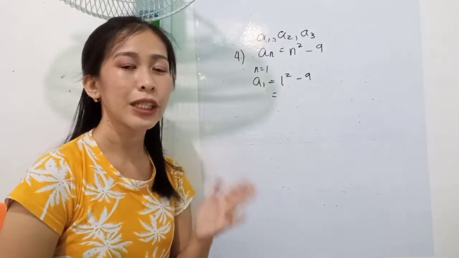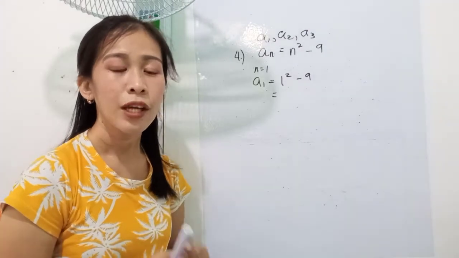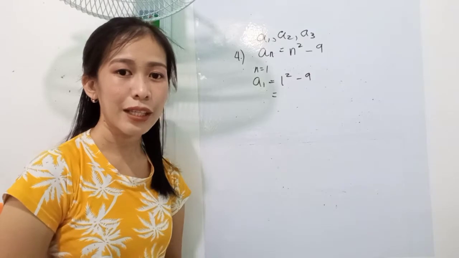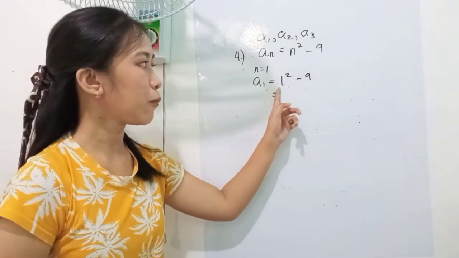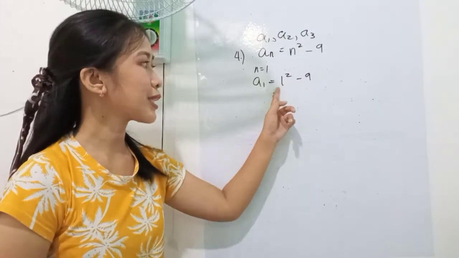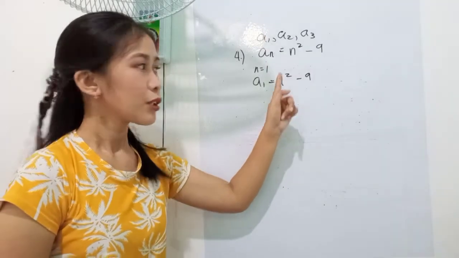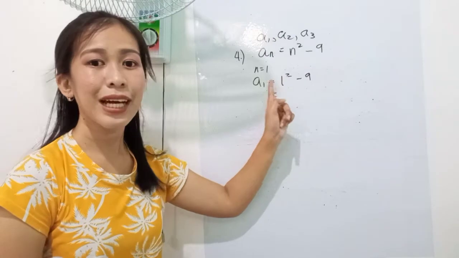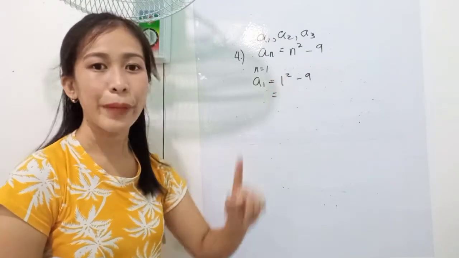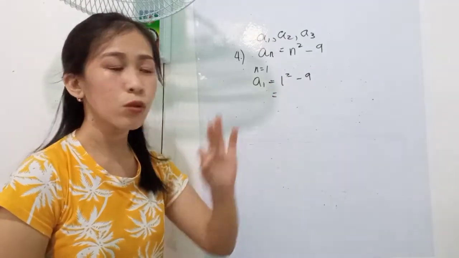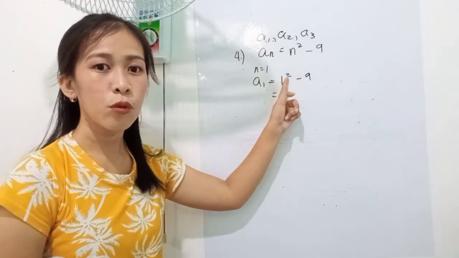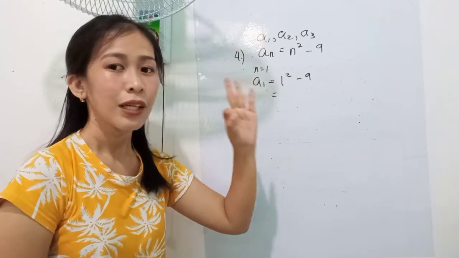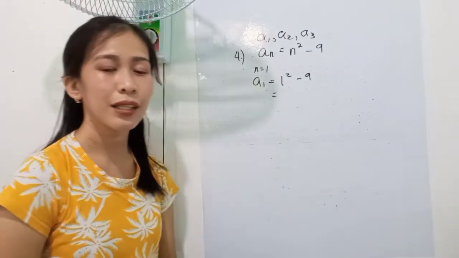So, kapag sinabi po nating exponent, ito yung magsasabi kung ilang beses natin i-multiply si base sa kanyang sarili. Ano yung base? For example, dito sa 1 raised to 2, ang base natin is si 1. Okay? So, dahil 2 yung exponent, therefore, i-multiply natin si 1 sa kanyang sarili ng 2 beses. Pero kung 3 itong exponent na to, i-multiply natin si 1 sa kanyang sarili ng 3 beses. Okay? Ganun lang kasimple ang exponent.